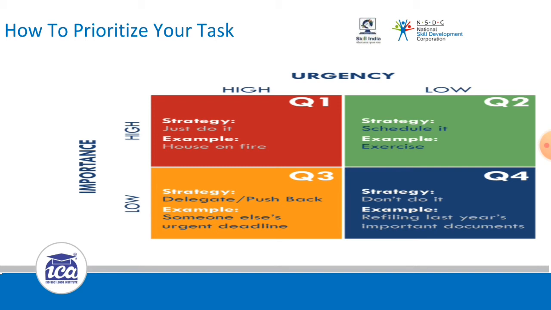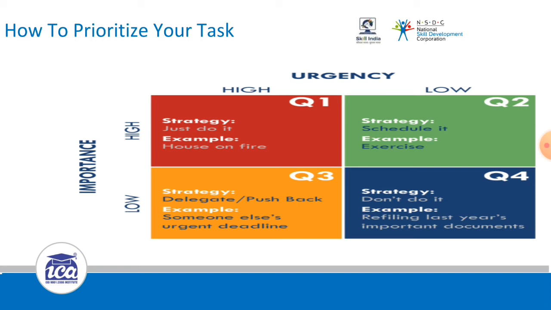No, but it is important and urgent to your friend. So these kinds of problems come under the third quadrant, and choose these kinds of tasks at the third stage, or give minimum priority to this.